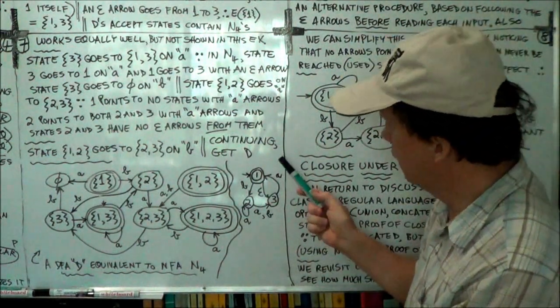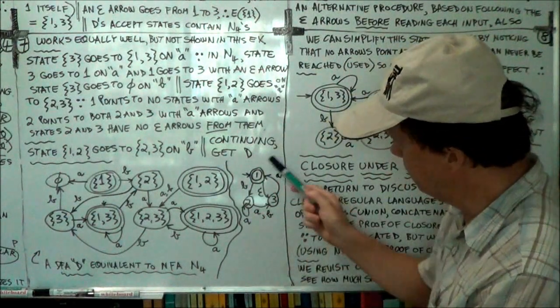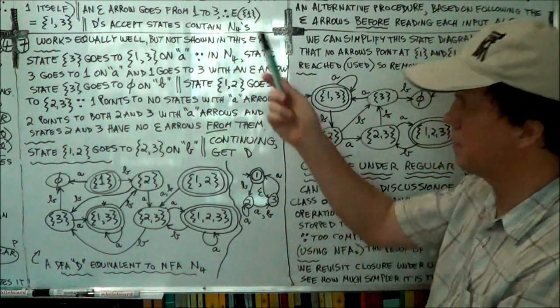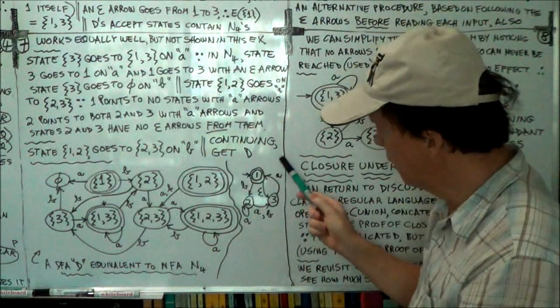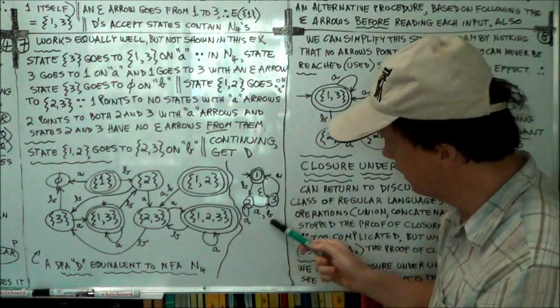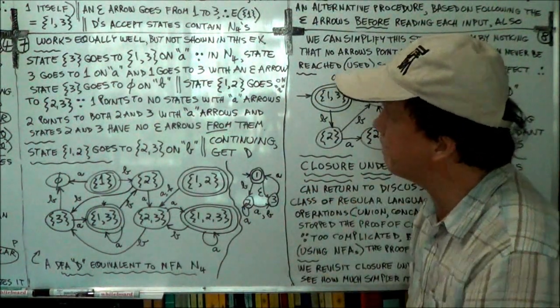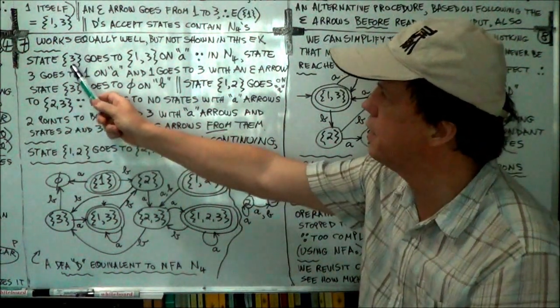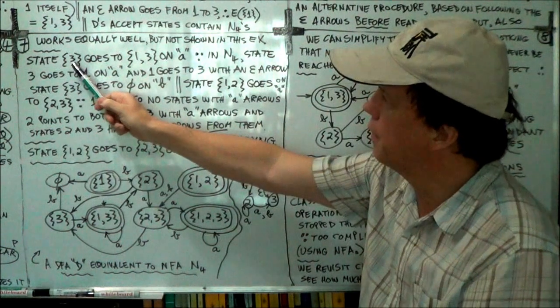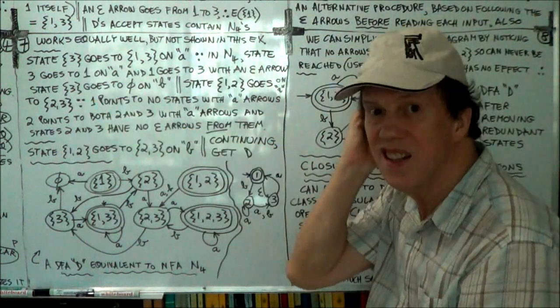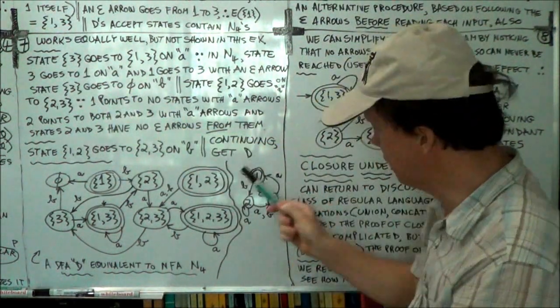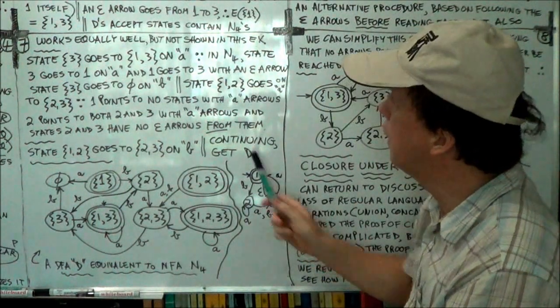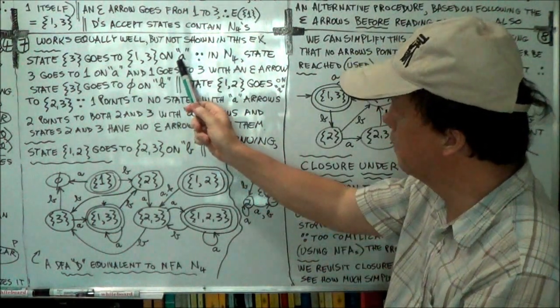Now I've drawn the NFA again here because otherwise it'd be difficult to follow. So we'll need this. All right, so state 3 in the D corresponds to the state 3 in the NFA. That's here. So we're here, and the input symbol is A.